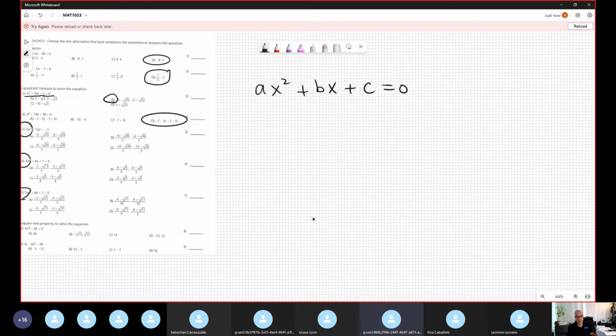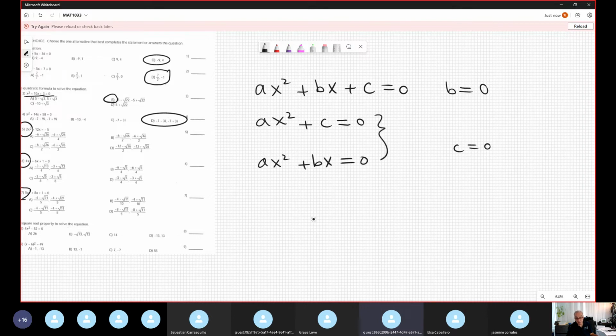However, suppose b is 0. The equation is ax squared plus c equals 0. Or suppose c is 0, so ax squared plus bx equals 0. These are incomplete. And we can, using the quadratic formula, which is universal, solve them. However, it's completely useless because we can solve it using the square root method, which is easy.